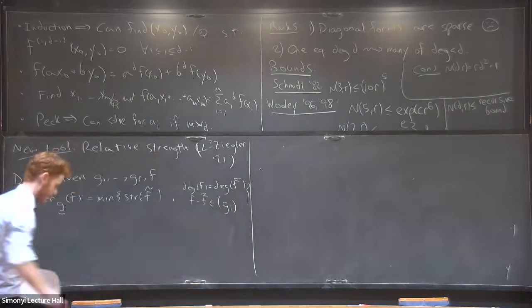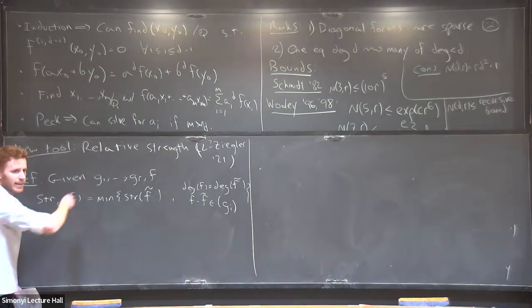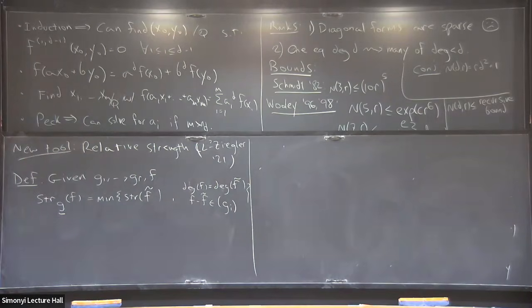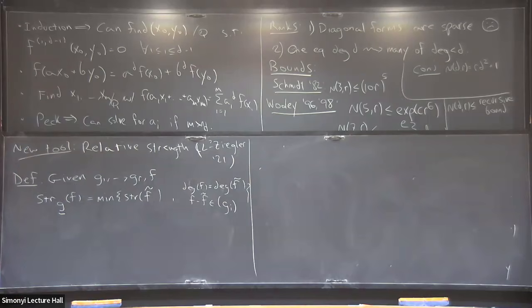This definition is a little bit of a mouthful. These G_i don't have any imposed degree; they could be higher degree. It's interesting when they have lower degree than F. Everything is homogeneous. Maybe a more digestible way to say this is that Schmidt's definition of strength makes sense in any graded ring; we're asking how things decompose into lower degrees.